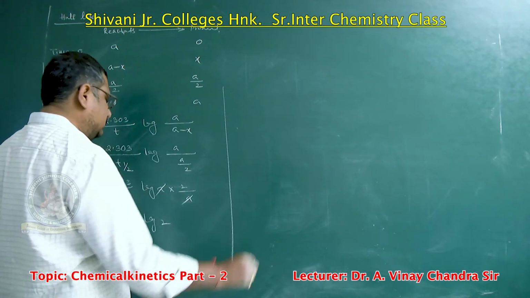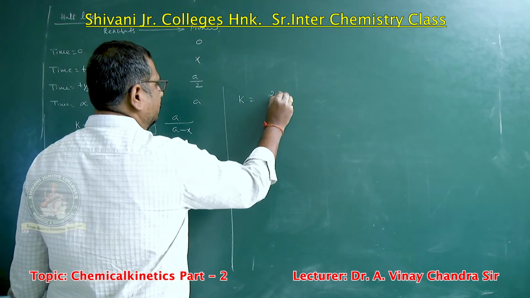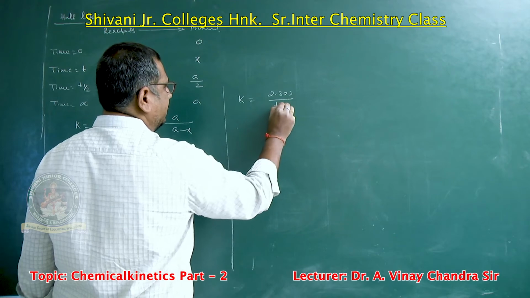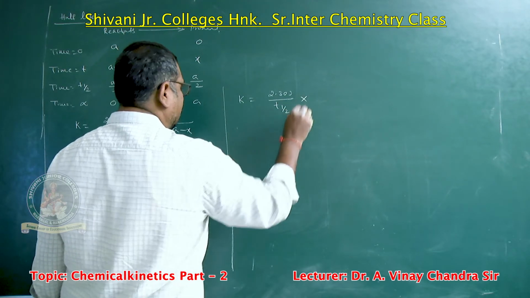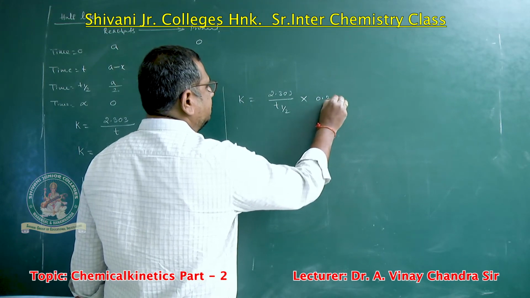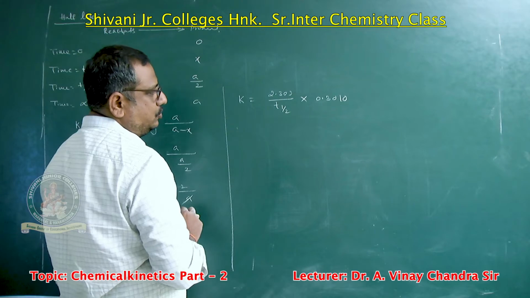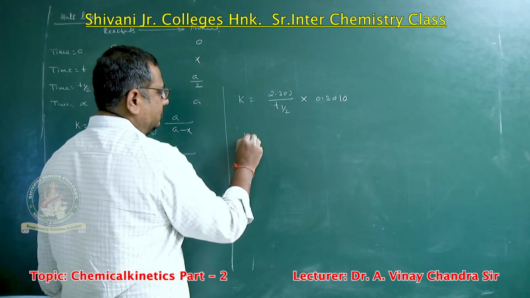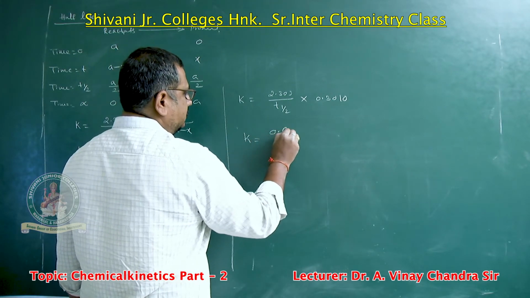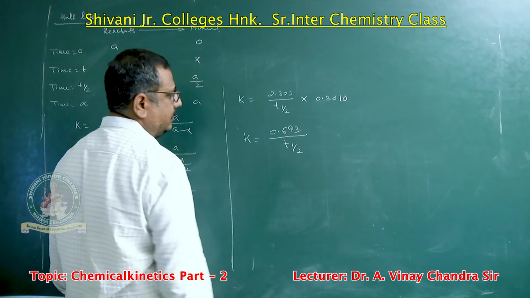The log 2 value is 0.3010. If you multiply 2.303 into 0.3010, then k is equal to 0.693 by t half.